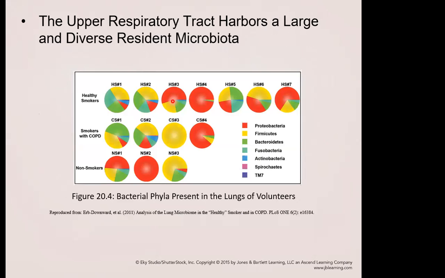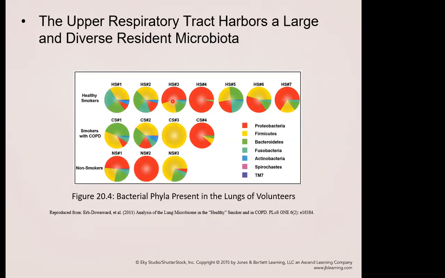All right, so we know that smoking is bad. Smoking causes lung cancer. So whenever we look at the microbiome of smokers that we could say are healthy, right? So people who don't have something like emphysema, COPD, smokers with COPD and non-smokers. Do you see any trends here generally? Yeah, what do we see? Where? In the healthy smoker versus non. Well, so we have this patient here that has more than half proteobacteria.